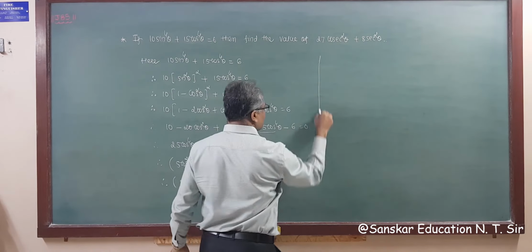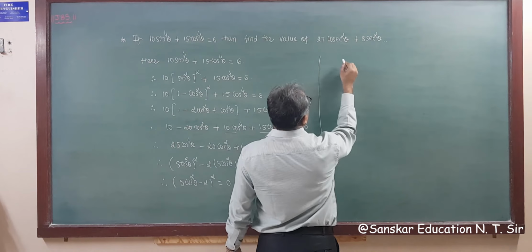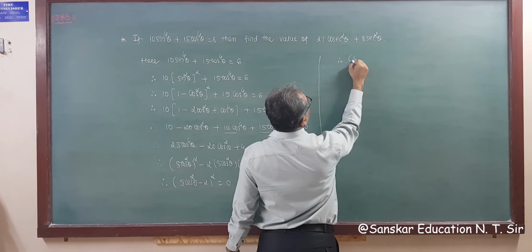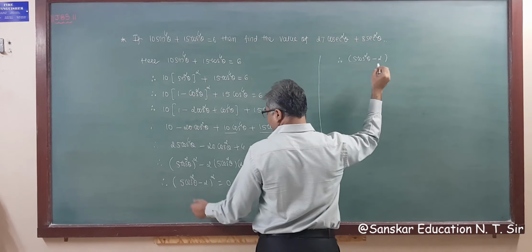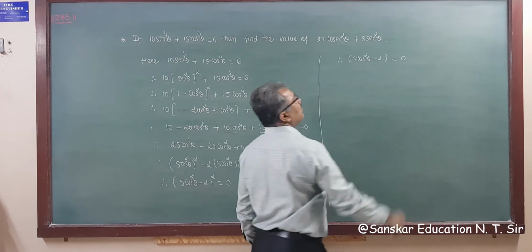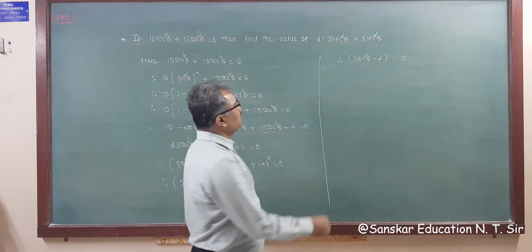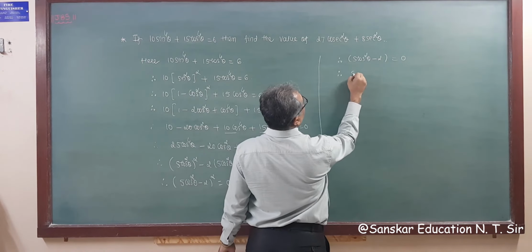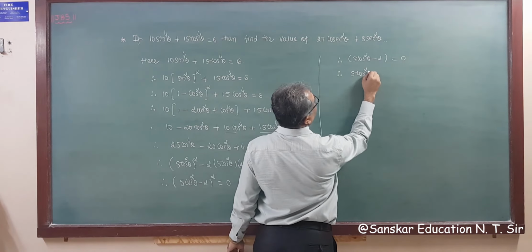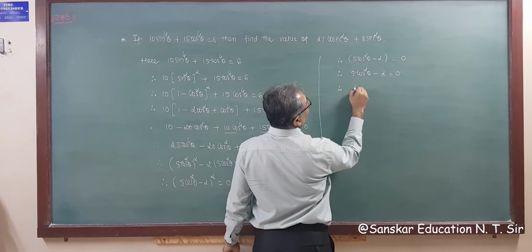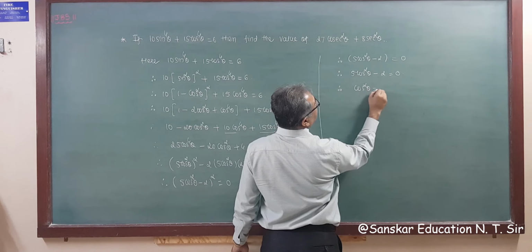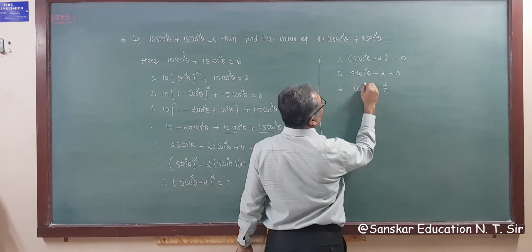So we get 5 cos square theta minus 2 is equal to 0. So 5 cos square theta is equal to 2. So cos square theta is equal to 2 by 5.